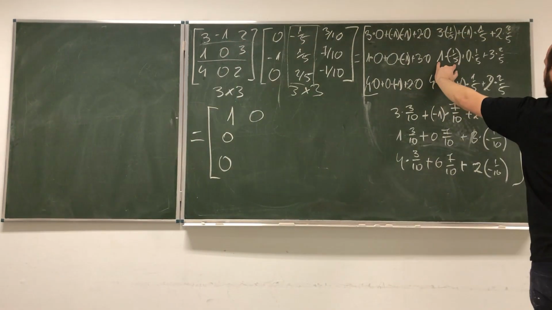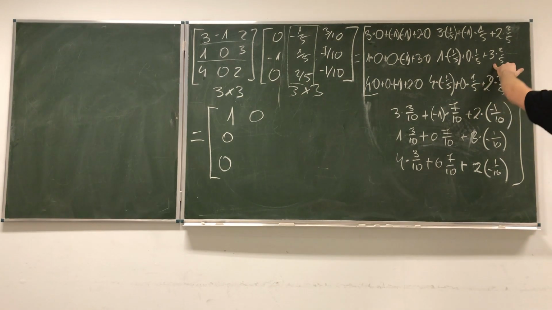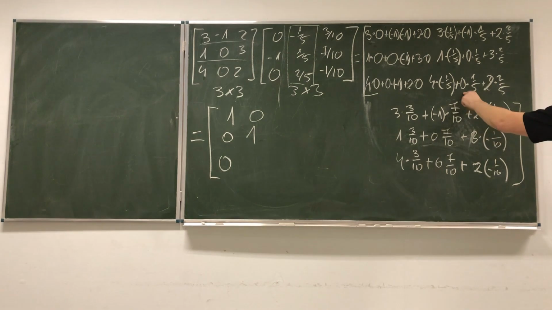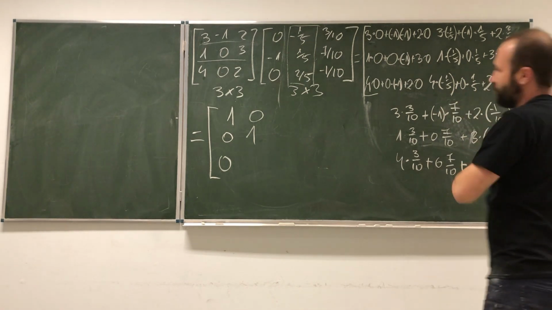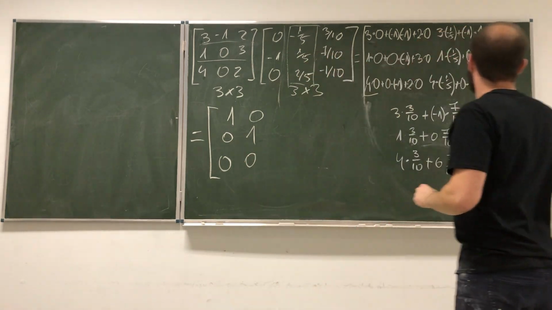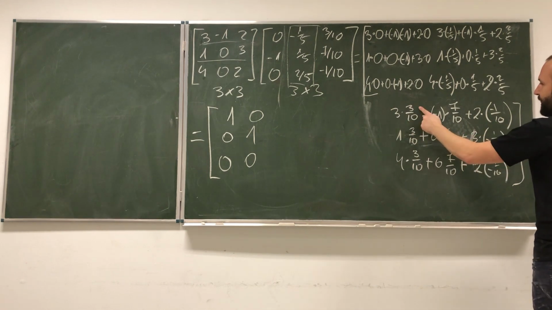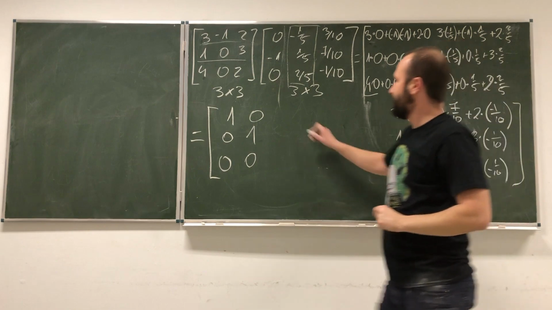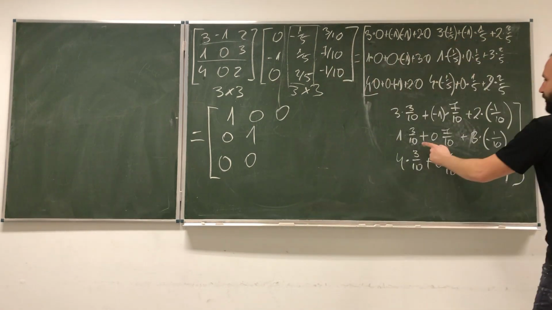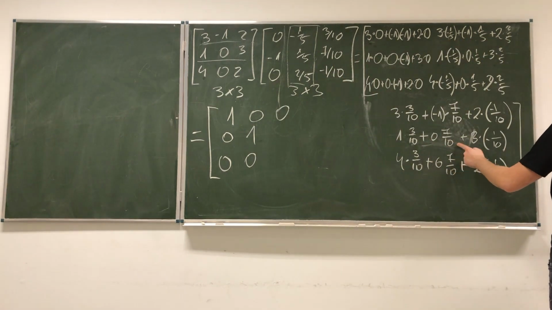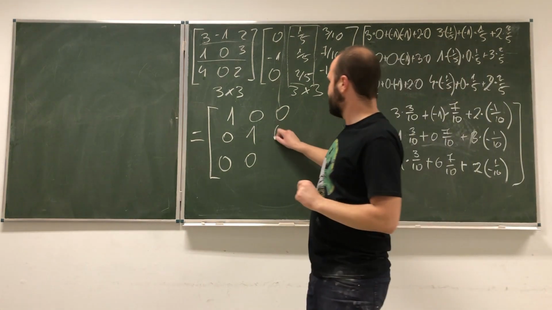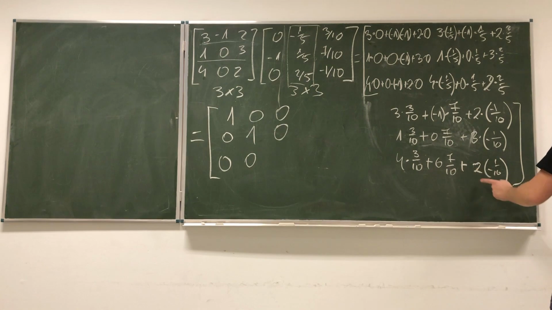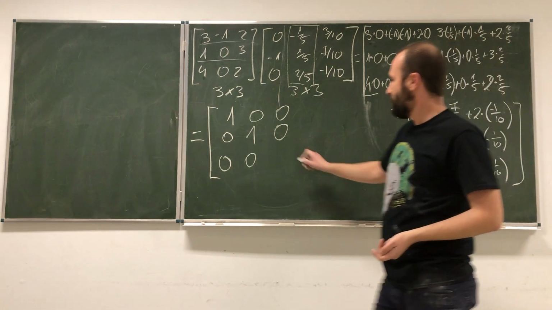Negative 1 over 5, 0, 6 over 5, 1. 0, negative 4 over 5, 4 over 5, 0. Then, from here, 9 over 10, negative 7 over 10, negative 2 over 10, 0. 3 over 10, 0, negative 3 over 10, 0. And 12 over 10, 0, negative 2 over 10, 1.